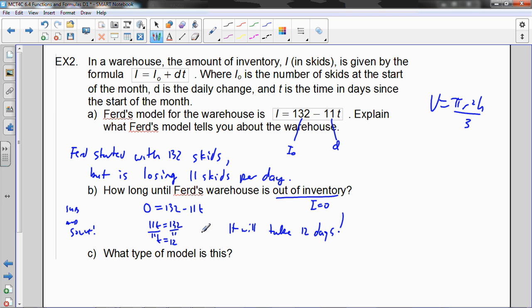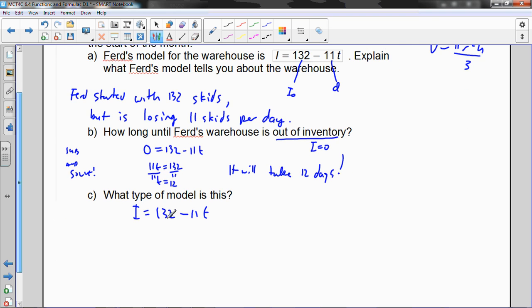What type of model is this? Well, I equals 132 minus 11t. This kind of looked like, where if this is the output, 132 minus 11x. So if I thought of it this way, and I could rearrange it a little bit, I suppose, what kind of function is this? This is a linear function.